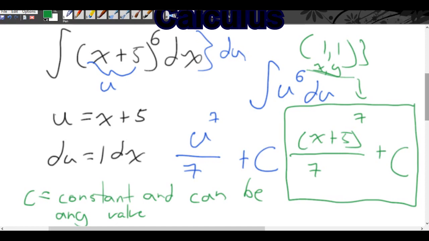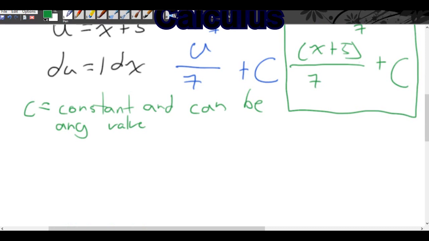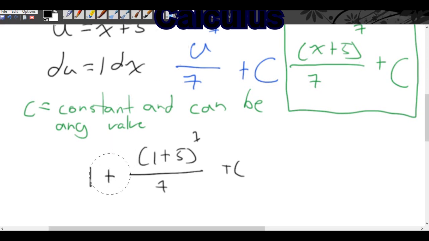In this case, we have 1 plus 1 plus 5 to the power of 7 plus c. And by the way, this is supposed to be an equal sign, not a plus sign. My bad.